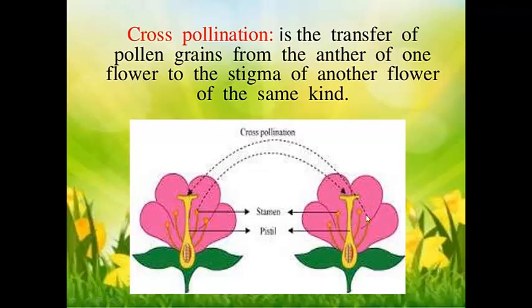Let's say the pollen grains are transferred from the anther to the stigma out here, and they are of the same kind. These two flowers are of the same species. The transfer of pollen grain takes place from one flower to another of the same kind. This is known as cross-pollination.